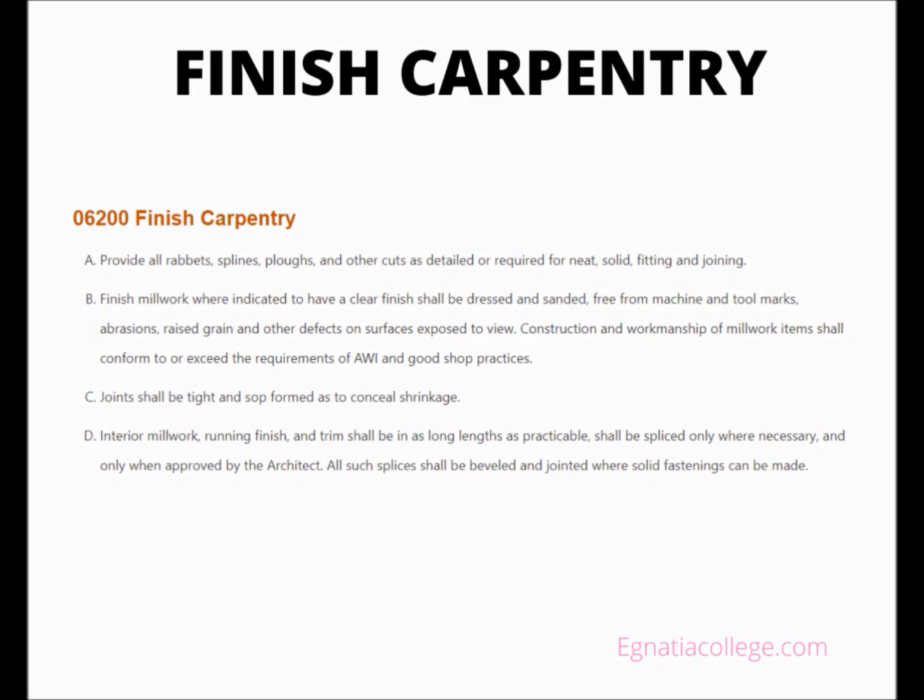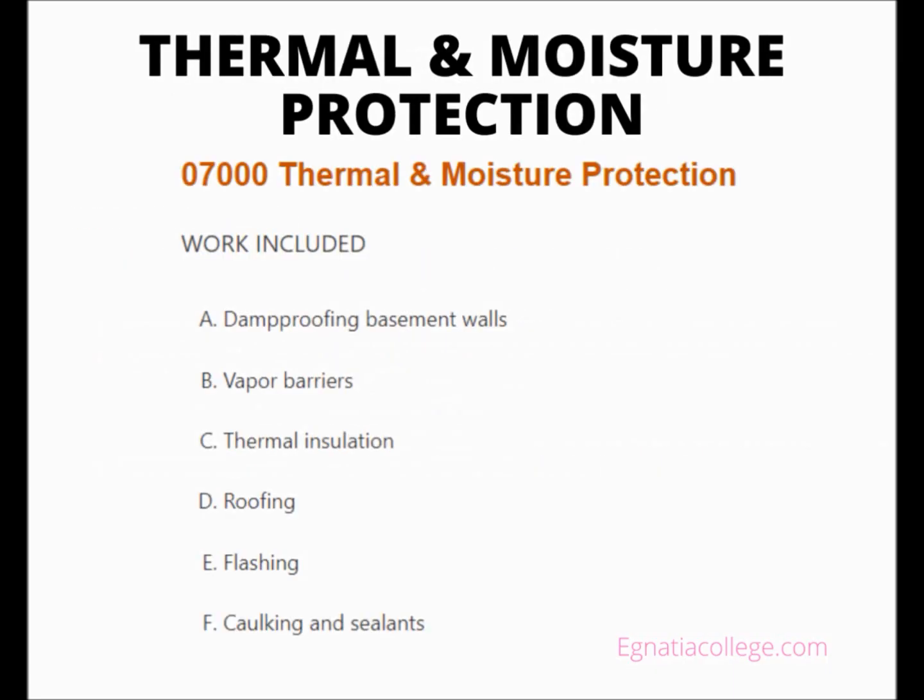Construction and workmanship of millwork items shall conform to or exceed the requirements of AWI and good shop practices. Joints shall be tight and so formed as to conceal shrinkage. Interior millwork, running finish, and trim shall be in as long lengths as practicable, shall be spliced only where necessary, and only when approved by the owner. All such splices shall be beveled and jointed where solid fastenings can be made.